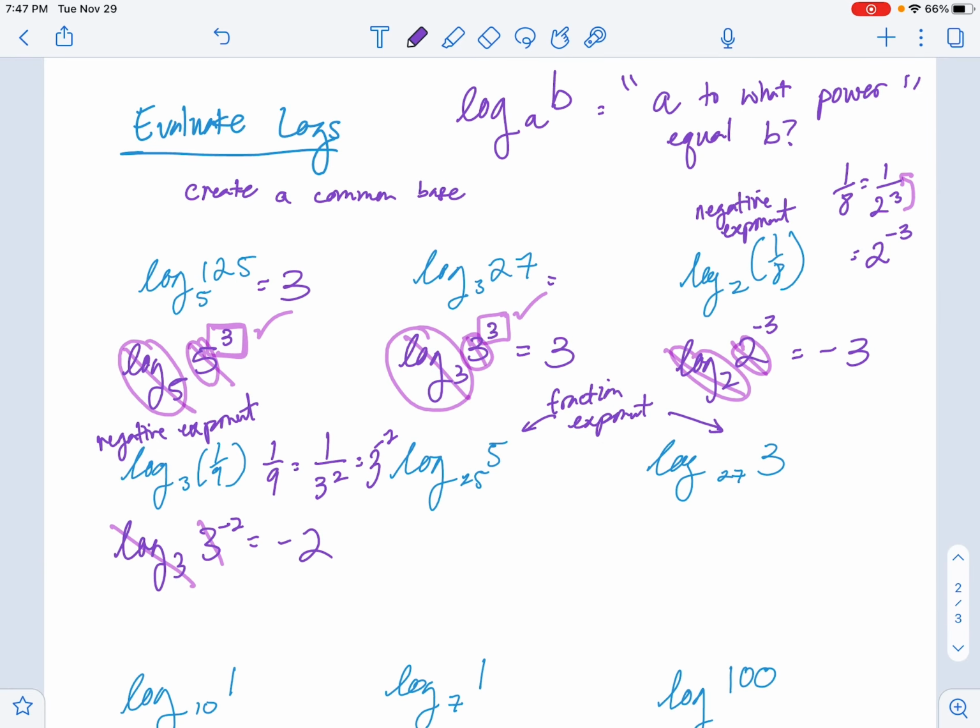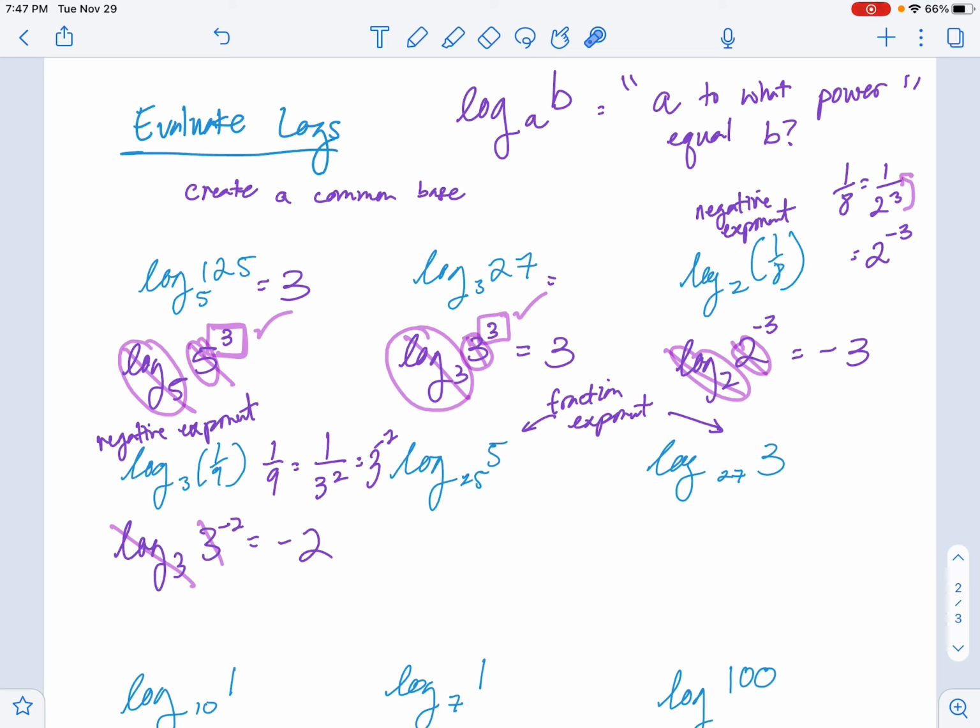Okay, so log base 25 of 5. If we're answering this question that I've been keeping in mind, 25 to the power of what gets you 5? Okay, well, I'm not adding or subtracting, right? So I can't just subtract 20.